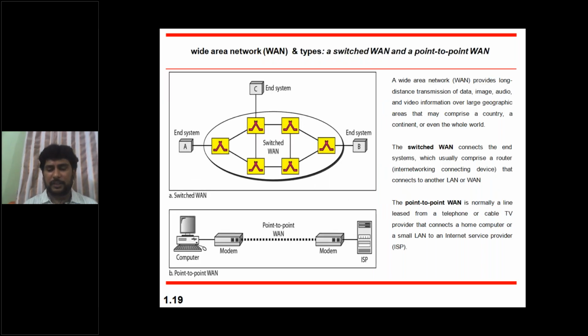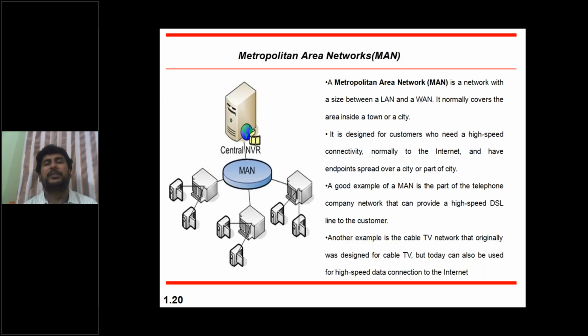The second scenario we need to talk about is when you are trying to connect two different offices of a company which are located in the same city. Meaning the distance between them might be some 50 kilometers or 60 kilometers, and you are trying to connect them. Then the type of network you are referring to is called a metropolitan area network.